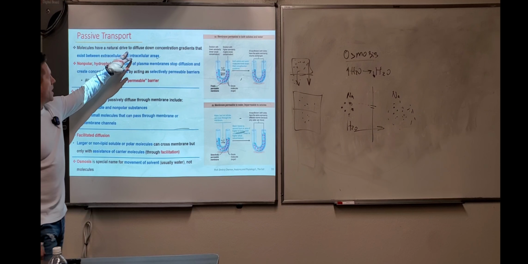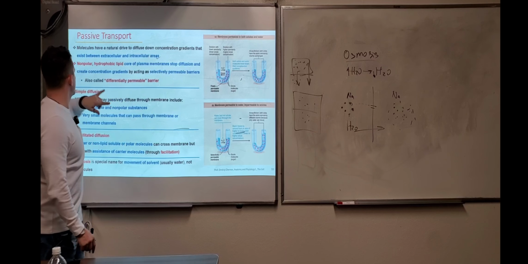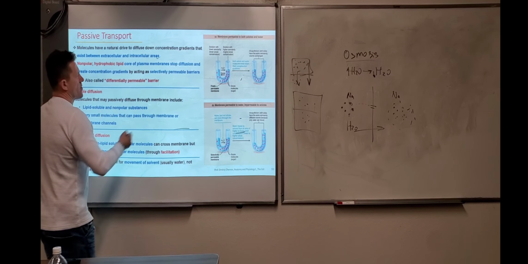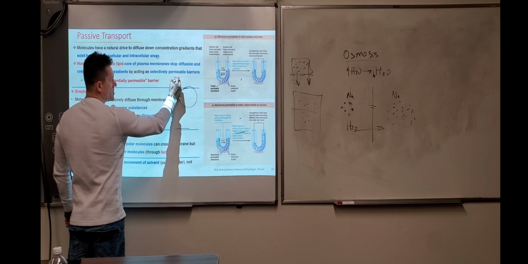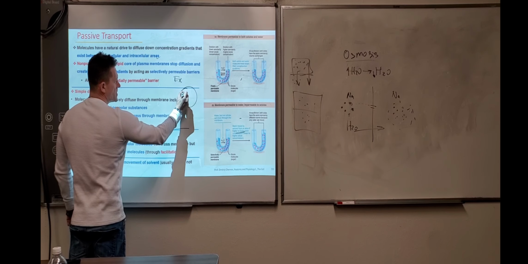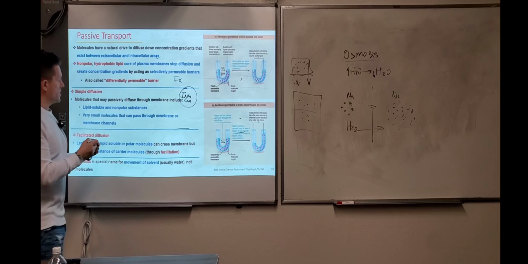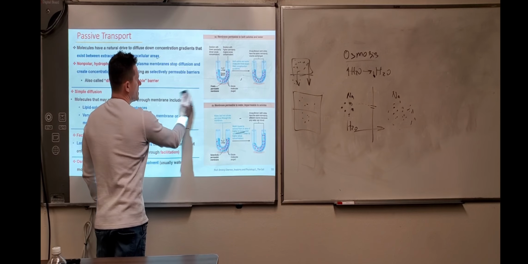Molecules have the natural drive to diffuse down the concentration gradient that exists between extracellular and intracellular areas. Here's the cell. This is the extracellular space. This is the intracellular space, inside the cell and outside of the cell.